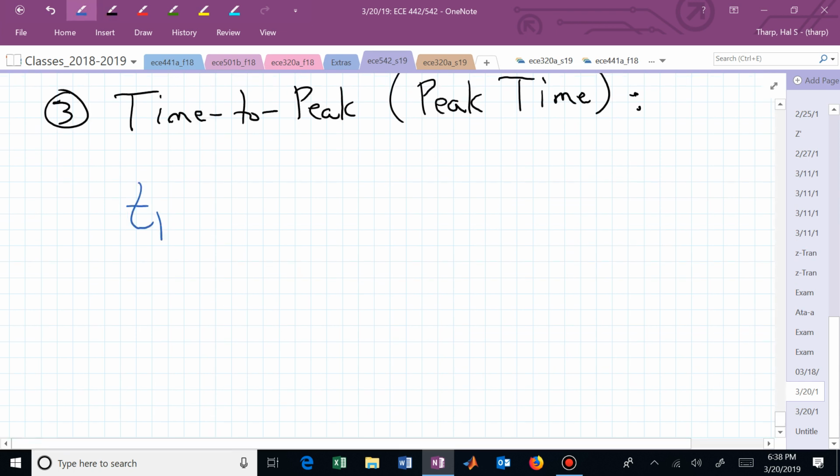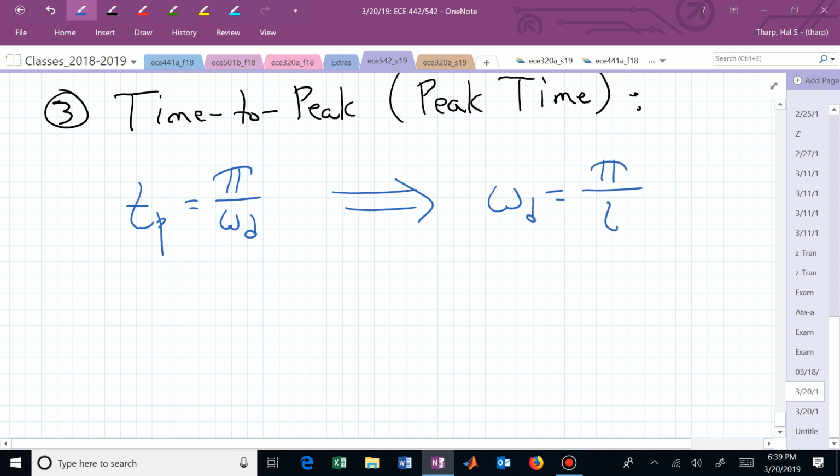For a second order underdamped system in the analog or continuous time setting, the peak time is where we first peak after time t equals 0, and that's equal to pi over omega sub d. That we can derive. And we can solve that for omega sub d, which is now pi over time to peak.